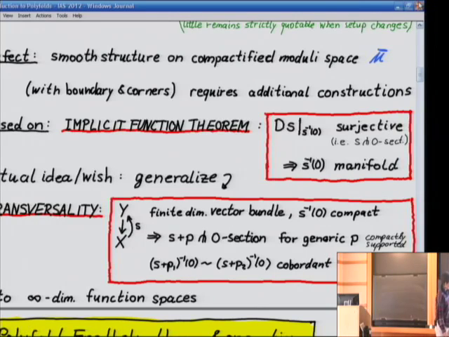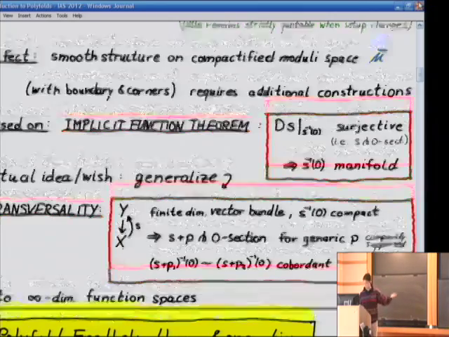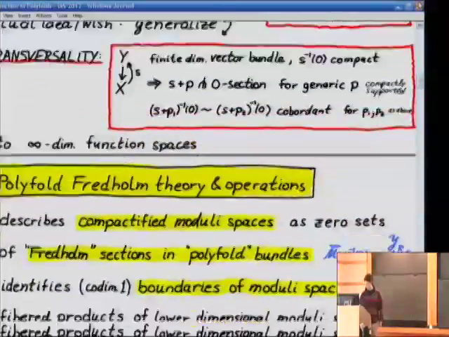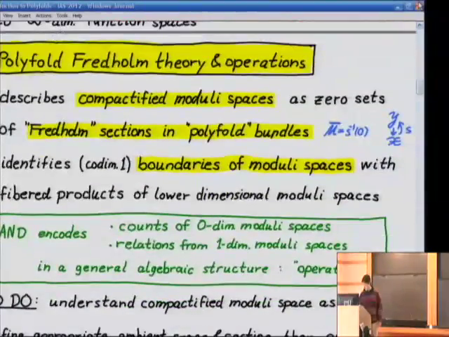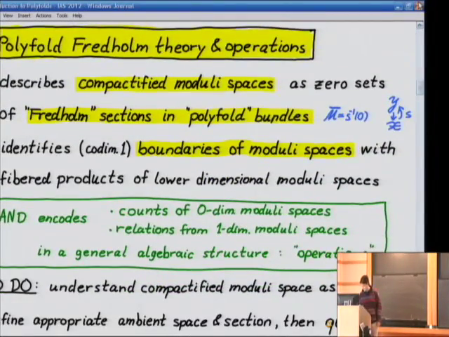So we want a generalization of this to some sort of function spaces that actually applies to holomorphic curves. And that's, to me, the definition of a polyfold. It's the thing that you need to use instead of a manifold in order to get the right transversality package.